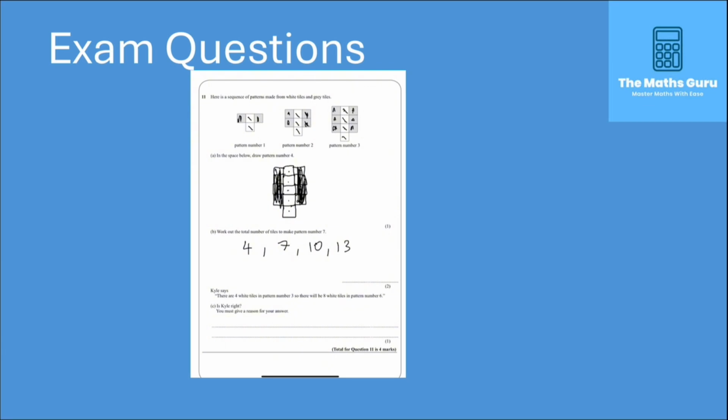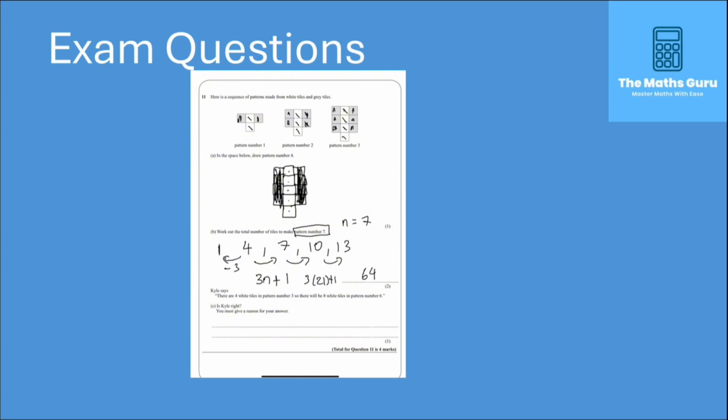Pattern 4 takes 13. I hope you guys spotted it: it's making a linear sequence, and each time the terms are going up by 3. So we do our 3n, then we do our inverse, minus 3, and get our 1. So the nth term is 3n plus 1, and we want to see how many are needed to make pattern number 7. So we plug in n equals 7: 3 times 7 is 21, plus 1 is 22. Hence 22 tiles.